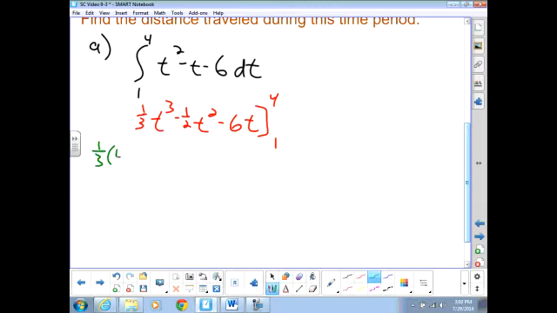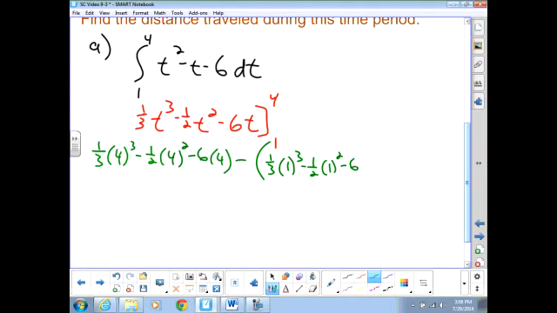We'll have 1/3 times 4 cubed minus 1/2 times 4 squared minus 6 times 4 minus parenthesis, because we have more than one term, 1/3 times 1 cubed minus 1/2 times 1 squared minus 6 times 1.